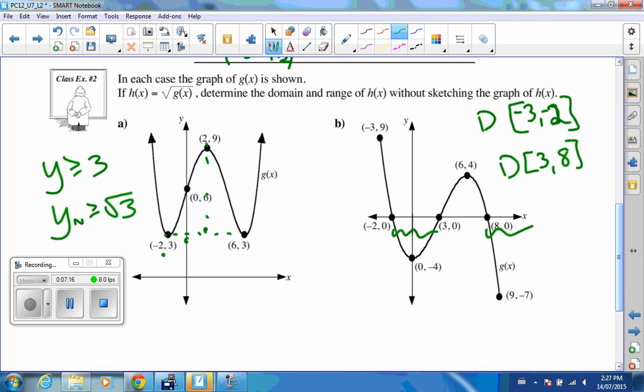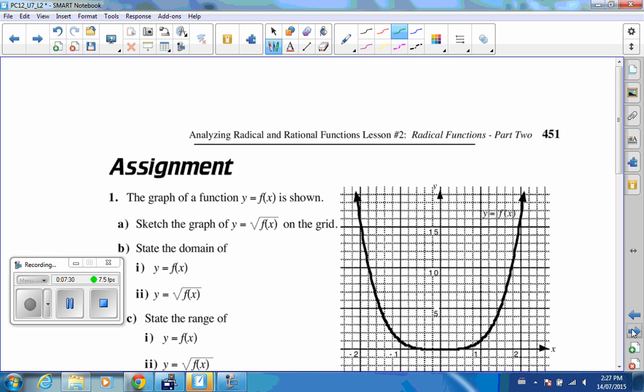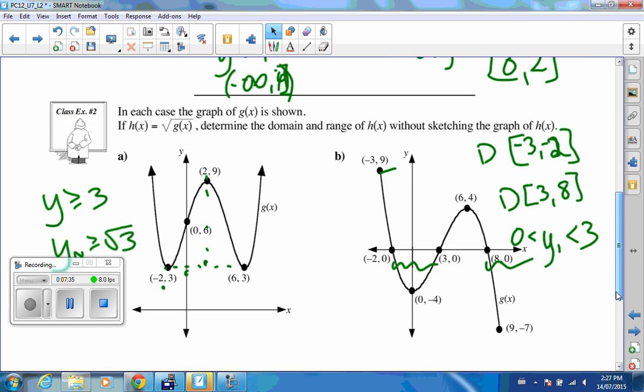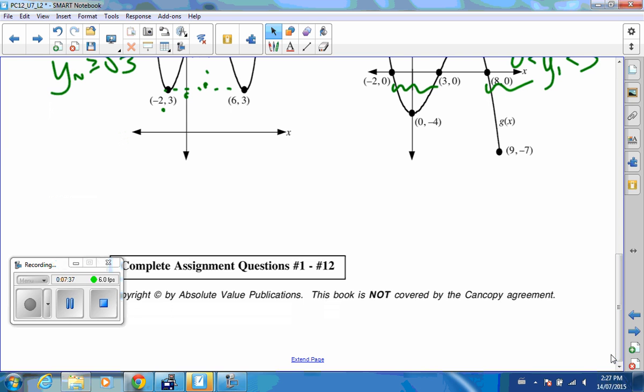My range is going to be, well, square root of 9 would be 3. So it's going to be y is between 0 and 3. All right. Yeah, perfect. Lesson 2, done.